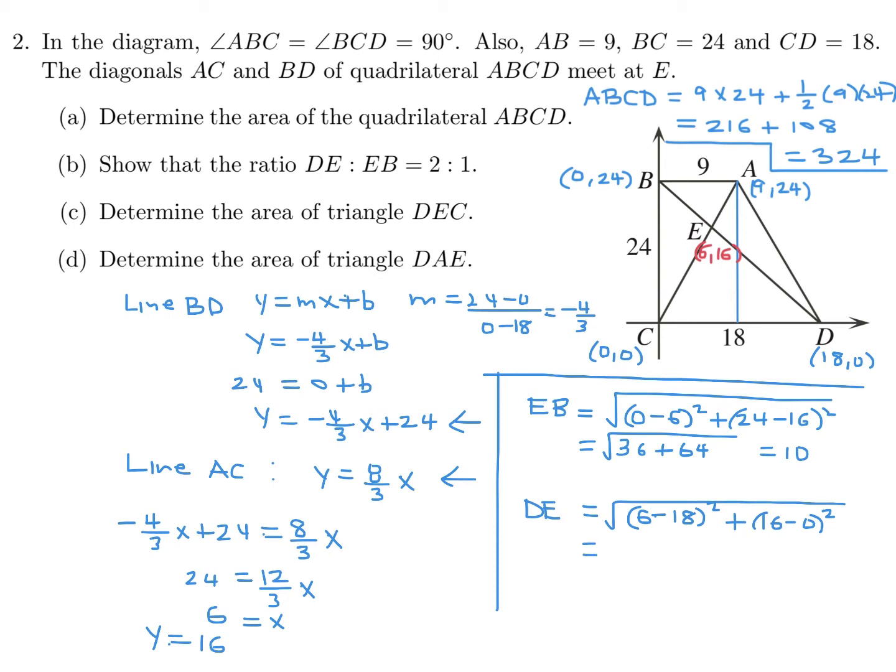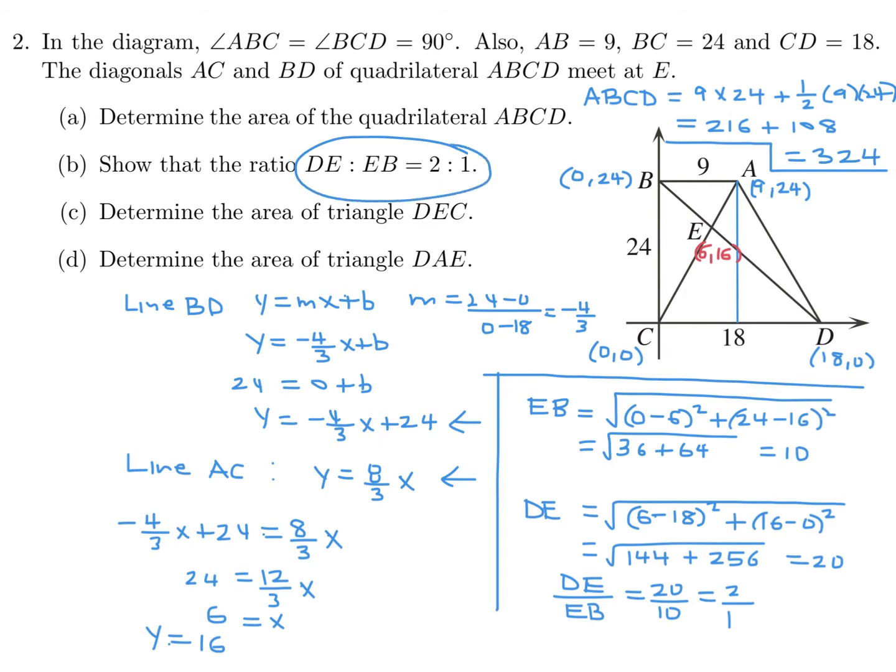So that is 144 plus 256. That's 400, so that's 20 if you take the square root. So now finally, my DE over EB is 20 over 10, which is 2 over 1, exactly what they wanted us to show.